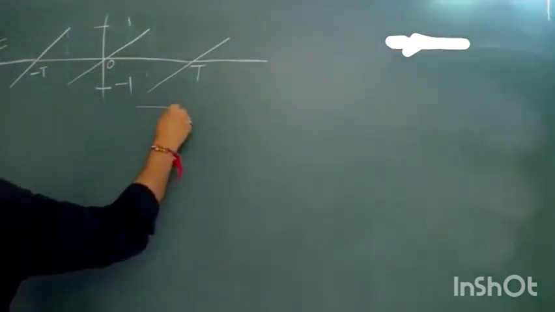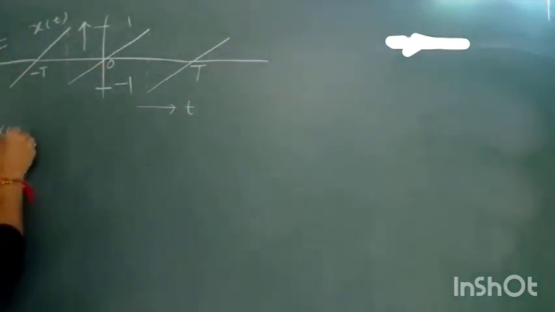Suppose this is the function, these are parallel lines, okay, and this is some T and this is some x of t, okay, and we have to write the Fourier series.